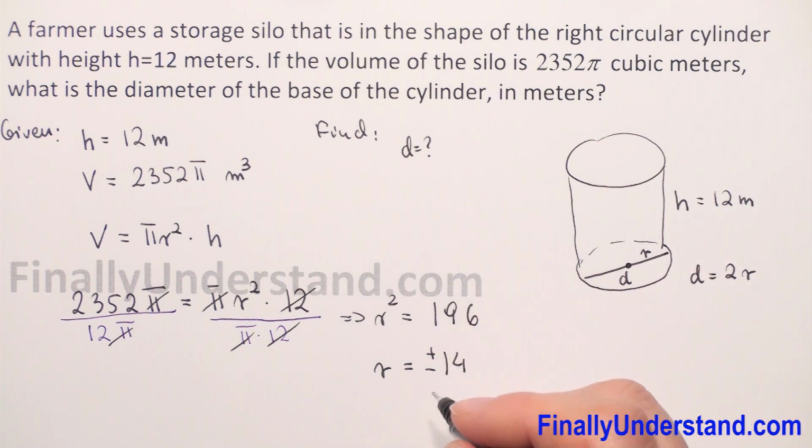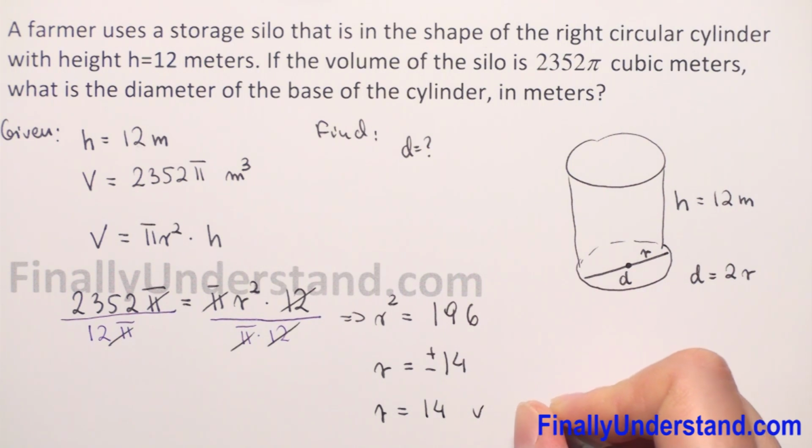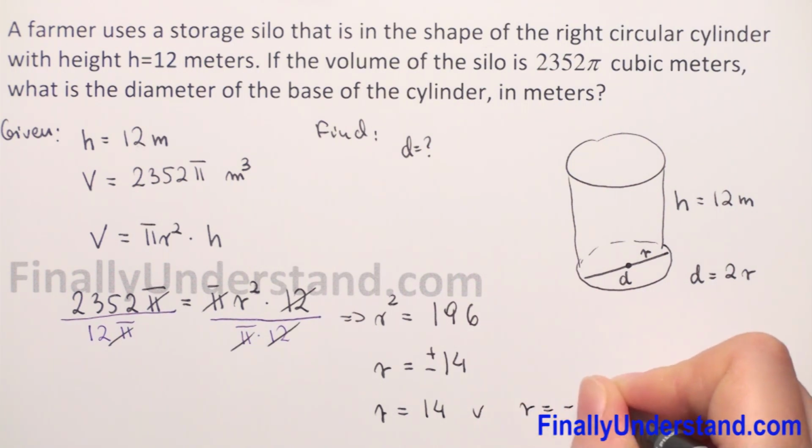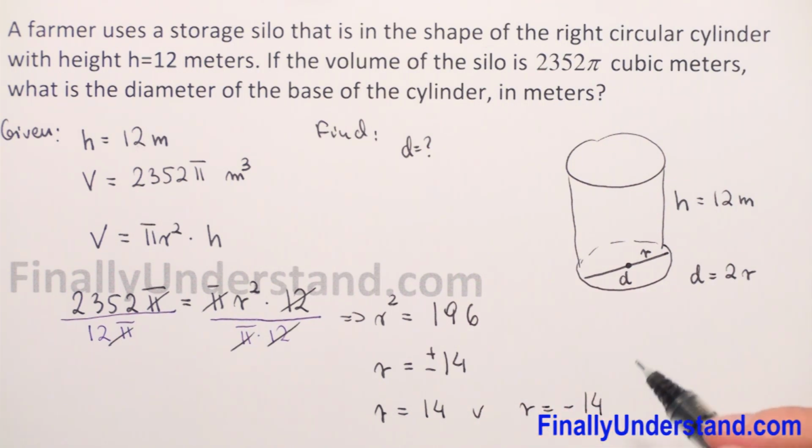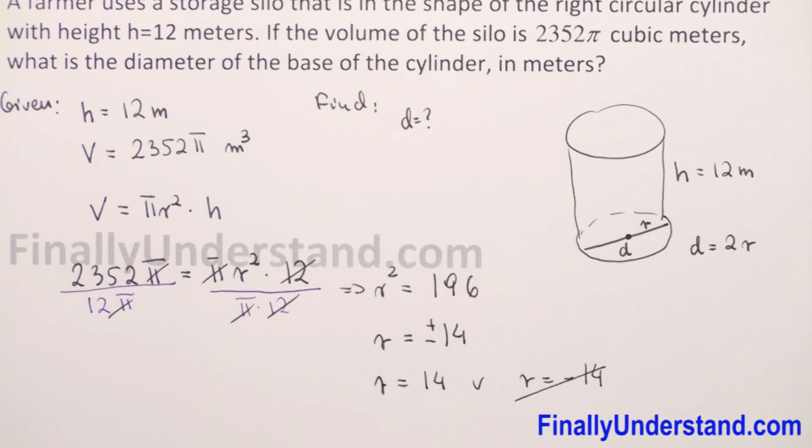That's why we will take only the positive solution. Let me write this. R is equal to positive 14, or R is equal to negative 14, but because R is a distance, the negative answer we cannot take.